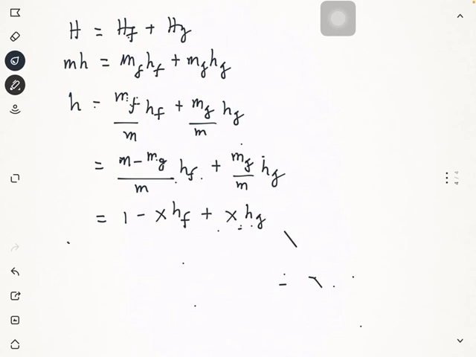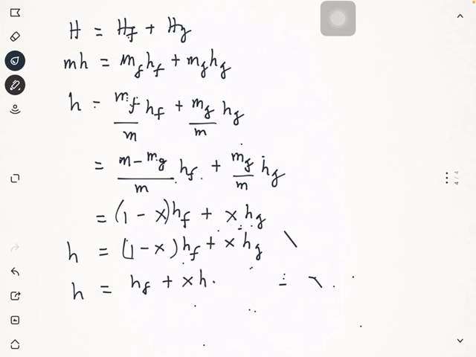Okay, so we have the specific enthalpy: this is 1 minus x, hf, plus x hg, and therefore, like the internal energy and the specific volume, the specific enthalpy is hf plus x hfg.